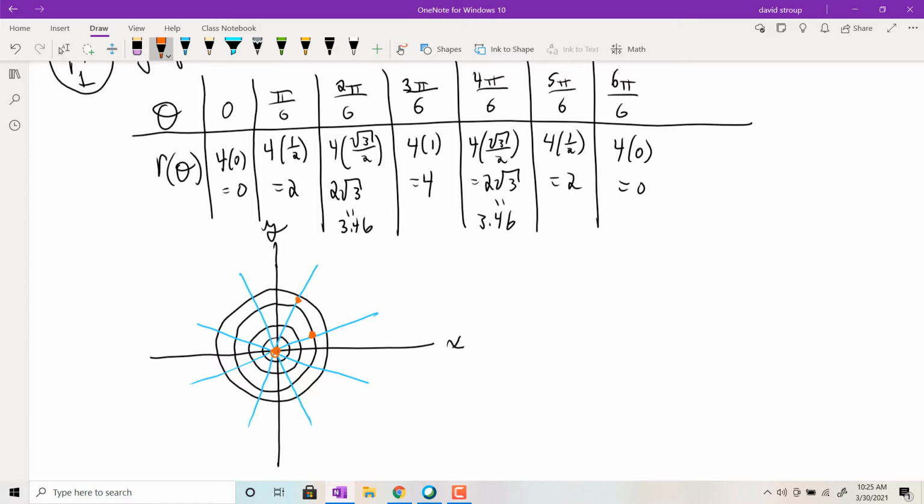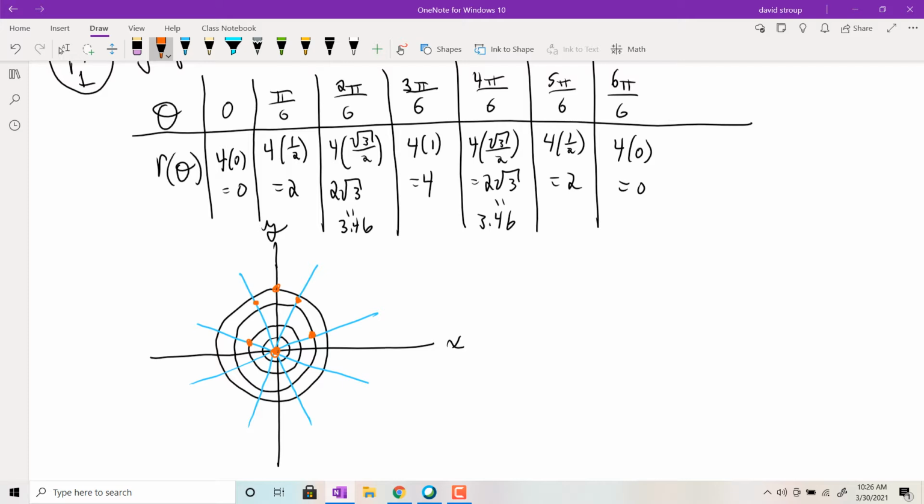Then pi over 2, comma 4, and then it sort of goes in reverse: 4 pi over 6, 3.46, and then 5 pi over 6, it goes back to 2, and then it goes in. The way these curves are generated, they always have a curvy flavor to them.